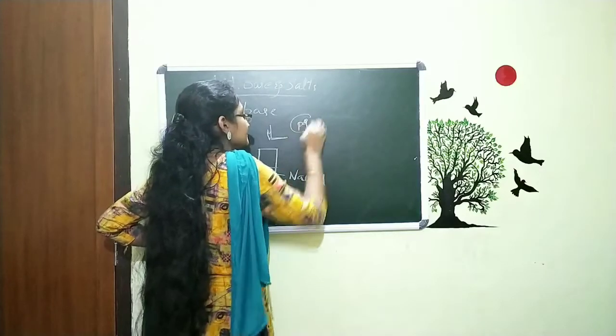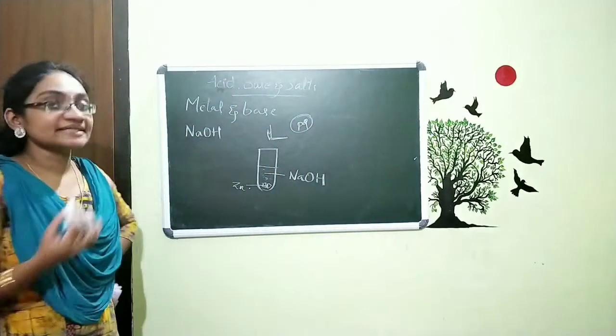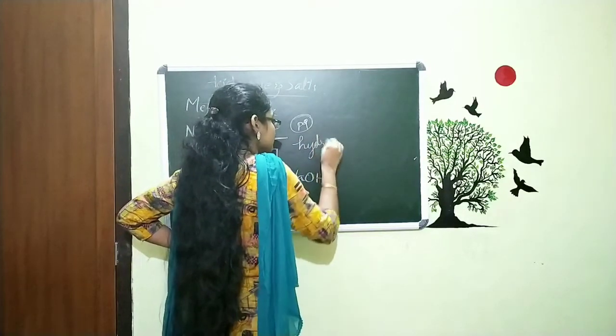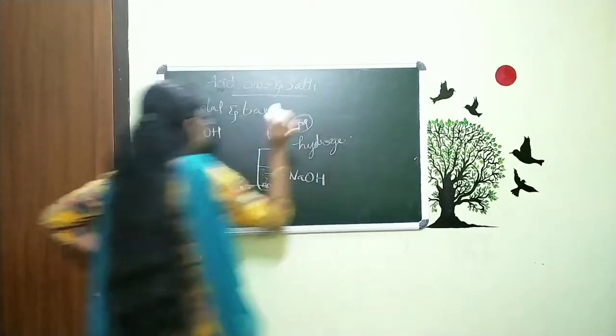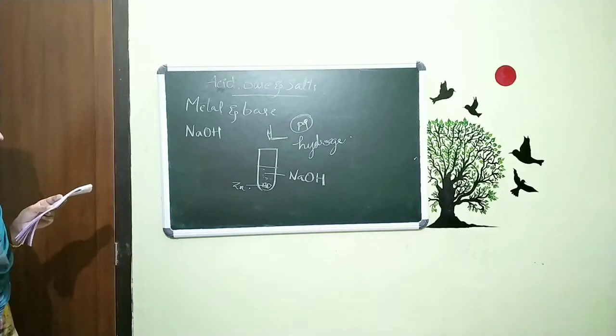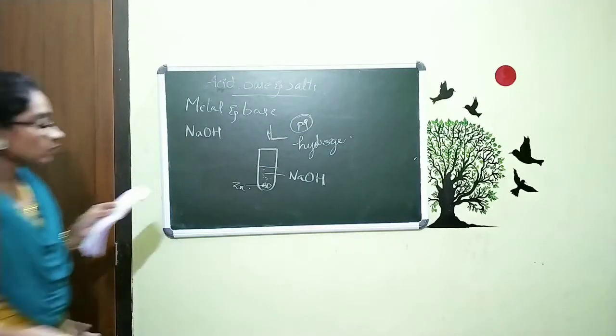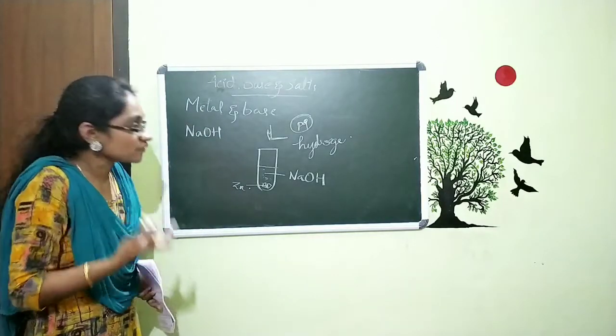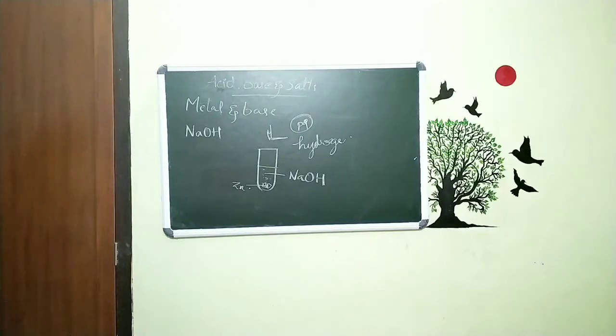That means the gas formed here is also hydrogen gas. So we can say that when a metal and a base react, salt and hydrogen gas are formed.